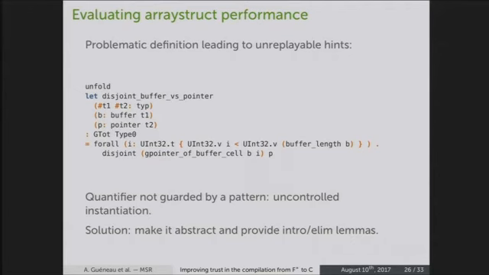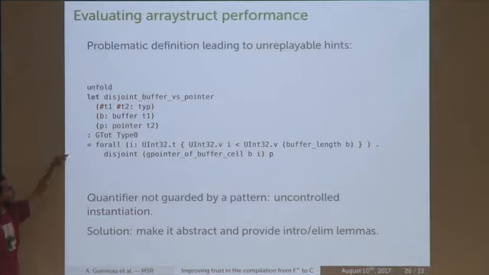So I did the COBOL experiments, and the first finding is that one cause of bad performance can be poorly formulated lemmas. So for example, this lemma from an old version of array struct. The problem here is a forall. Basically, instantiation of forall is implicit in Z3 and F star.